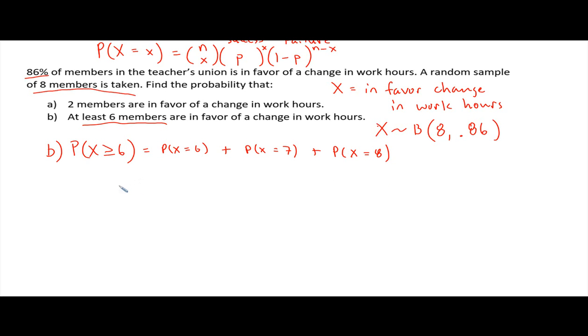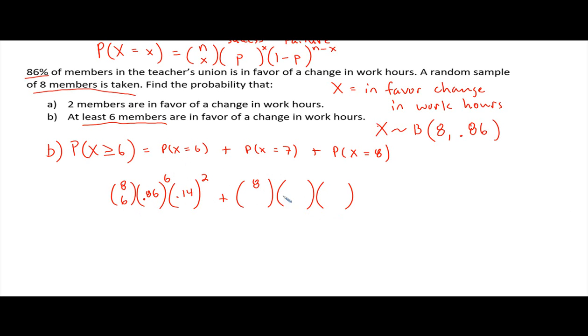So when we expand this out, this is 0.86 here, this would be 0.14. This is still going to be 8 because 8 number of trials. So this is going to have to be 6 because x is equal to 6. So this has to be 2 because these have to add up to equal this.